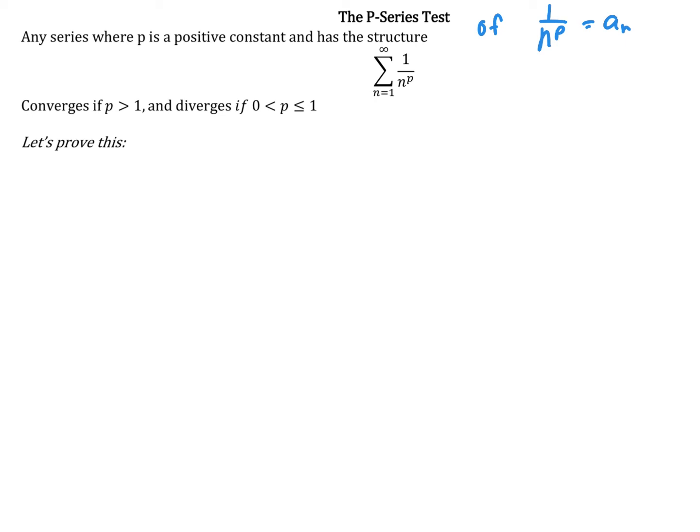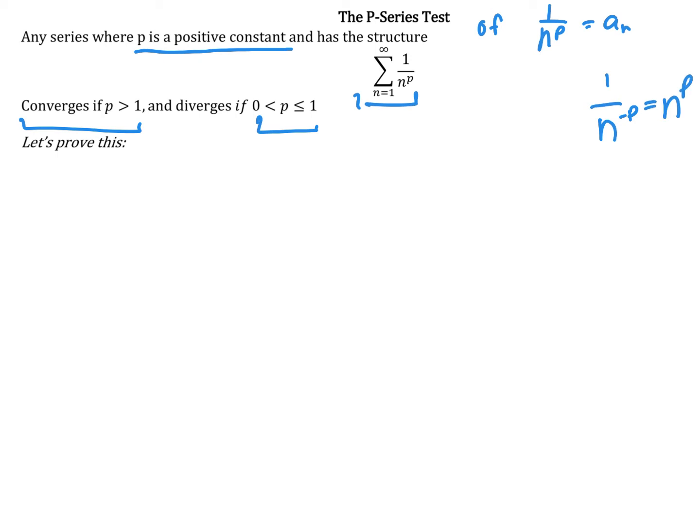Any series where p is a positive constant and has this structure converges if p is greater than 1 and diverges if p is between 0 and 1. Something to notice, we're not talking about p being a negative number, because if p was a negative number, then we would have 1 over n to the negative p, which would be the same thing as n to the positive p.